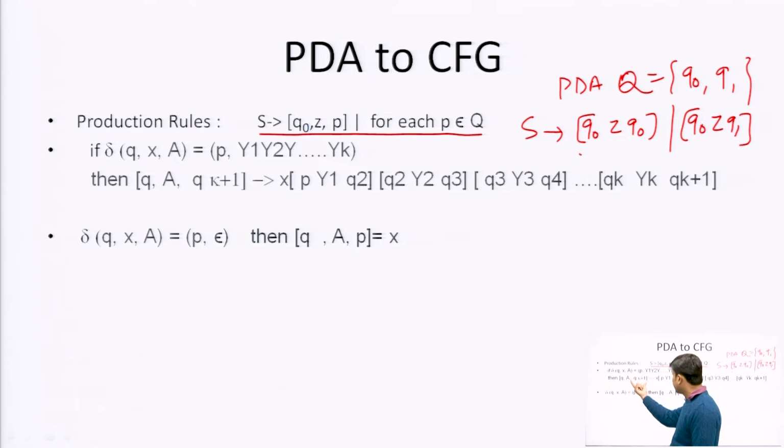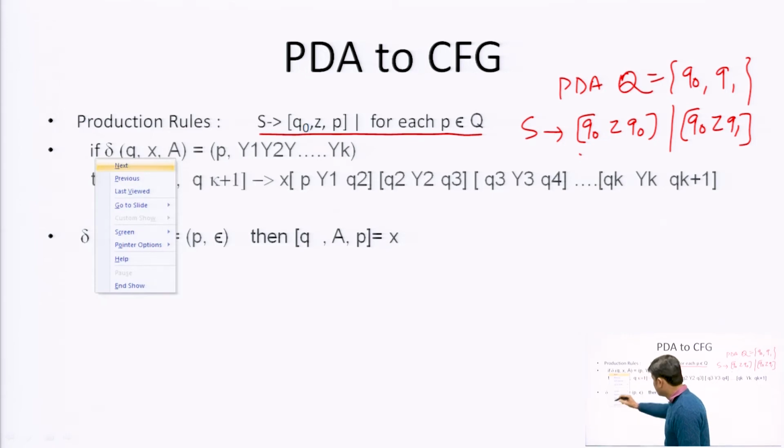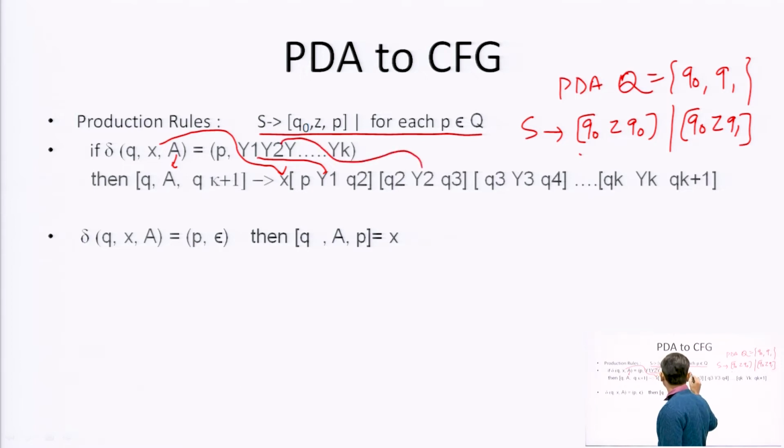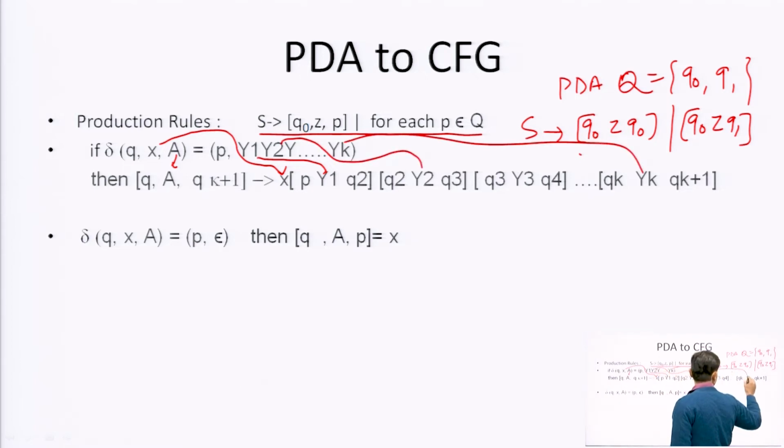This is a variable, this Q, A, you see here, this is A, and this is X, and here this is Y1 and this is Y2, like that up to Yk.